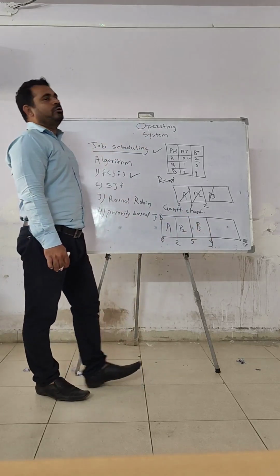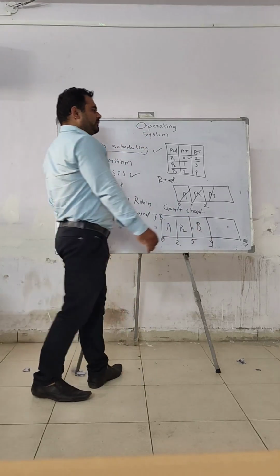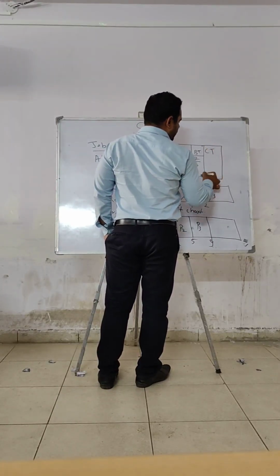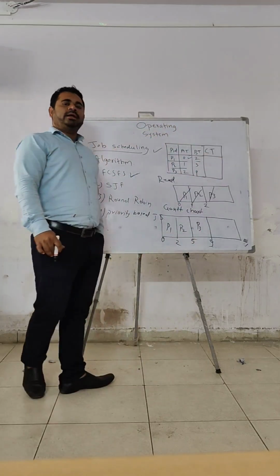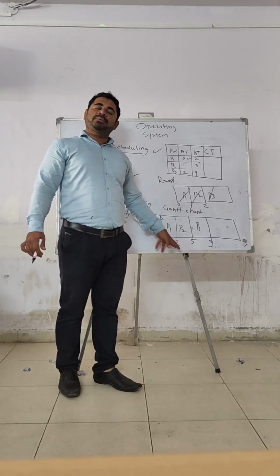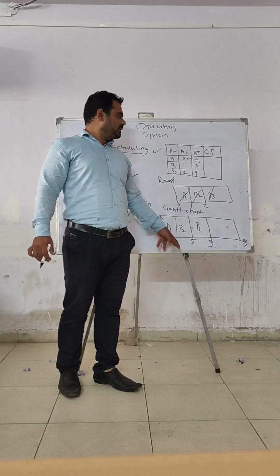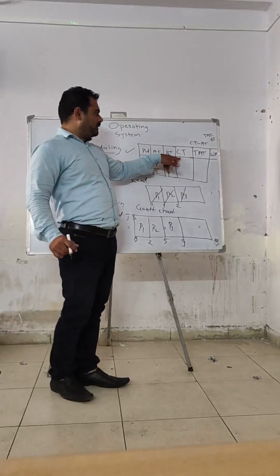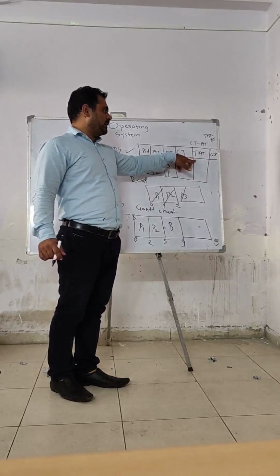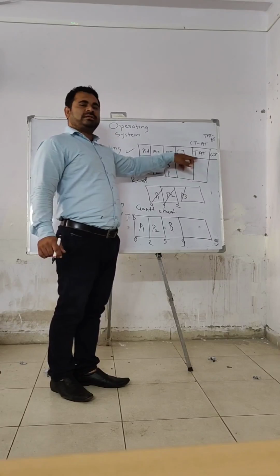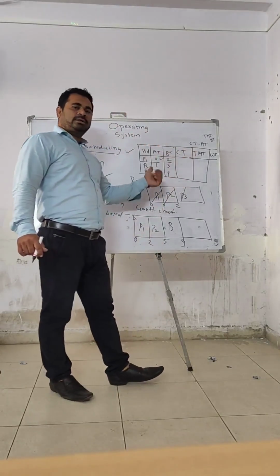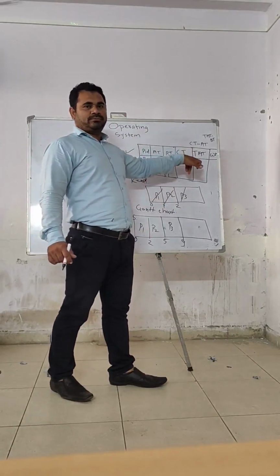Now we have to calculate three different things. First one is the completion time. Completion time is the time at which a process gets executed completely. First we calculate the completion time. After that we will calculate the turnaround time. Turnaround time is the time required by the process from its arrival to its completion.